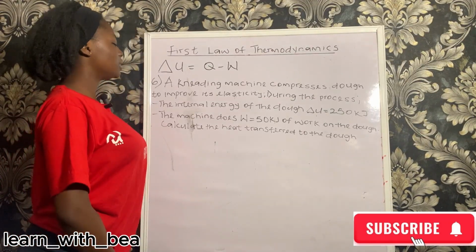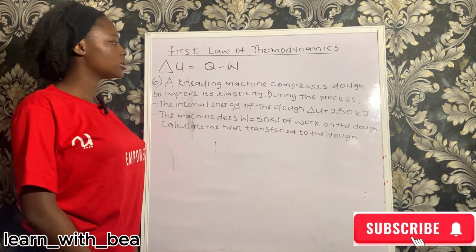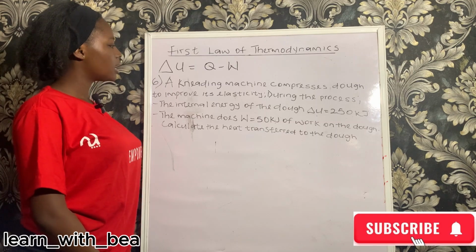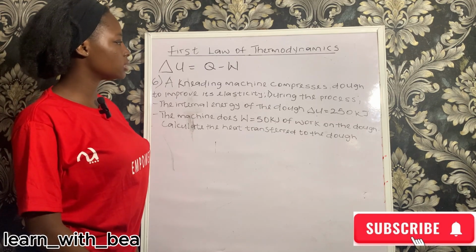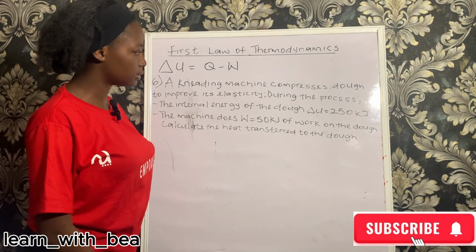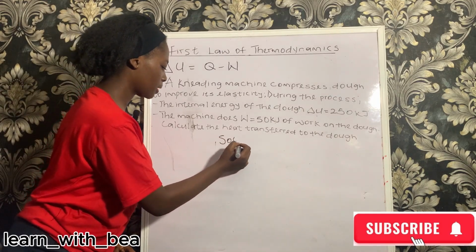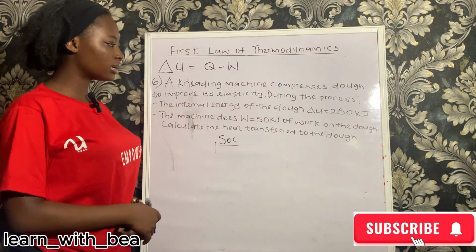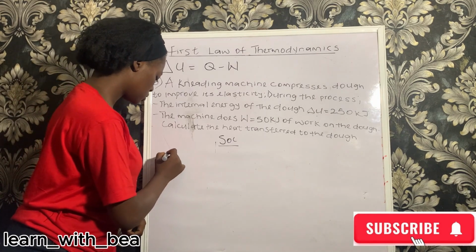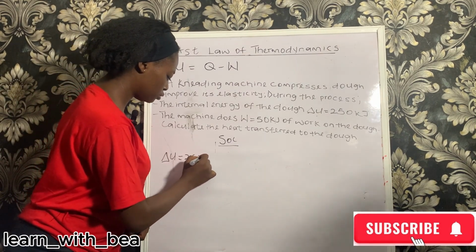So this will be the last question on the first law of thermodynamics. Let's solve. A kneading machine compresses dough to improve its elasticity. During the process, the internal energy of the dough increases by 215 kilojoule.